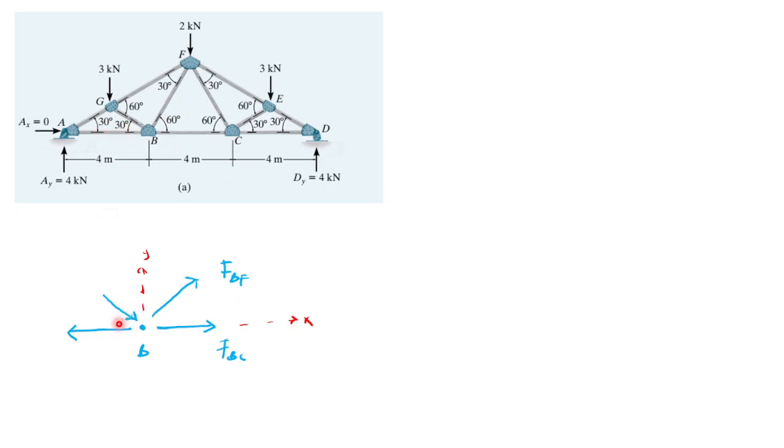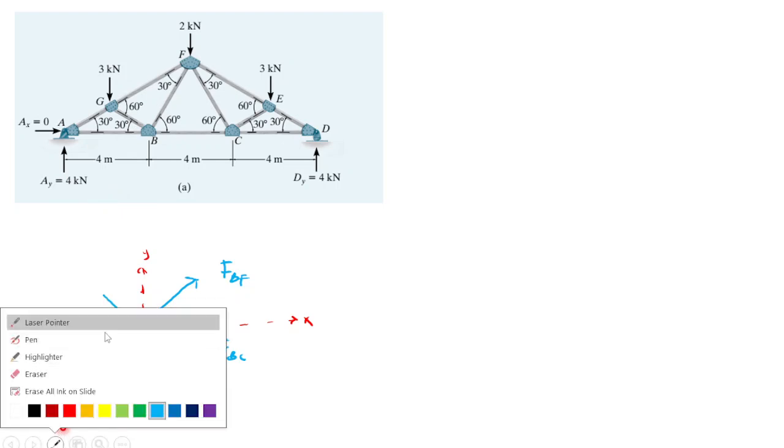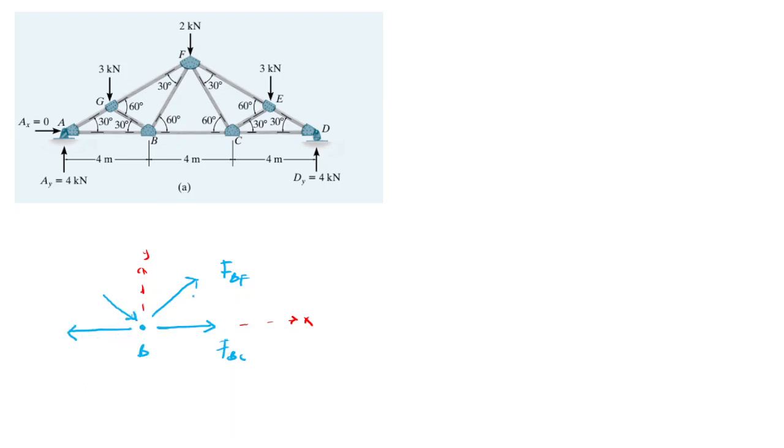This is FBF, this is FBC, this is FGB, and this is FAB, which we have already gotten values for when we considered joint A. So going back, we have this as 6.928 kilonewtons. We have this as 3 kilonewtons.